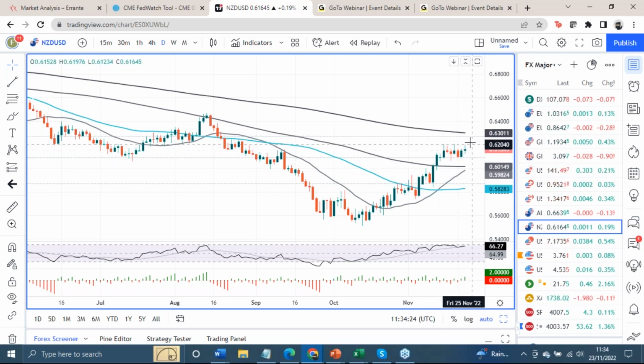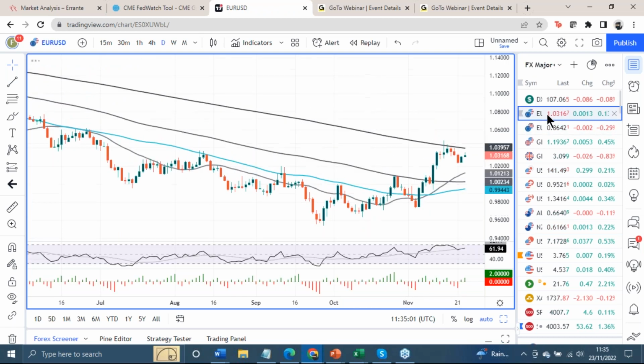If we do break out of this consolidation pattern, support is seen at probably 0.6064 or so, near-term support 0.6087, 0.6090 or so here, if we do break down out of the lower end of this range. That's Kiwi dollar. Always, obviously, bear in mind global risk sentiment generally, and obviously China news as well, key drivers of the Kiwi generally have been and will be going forward.